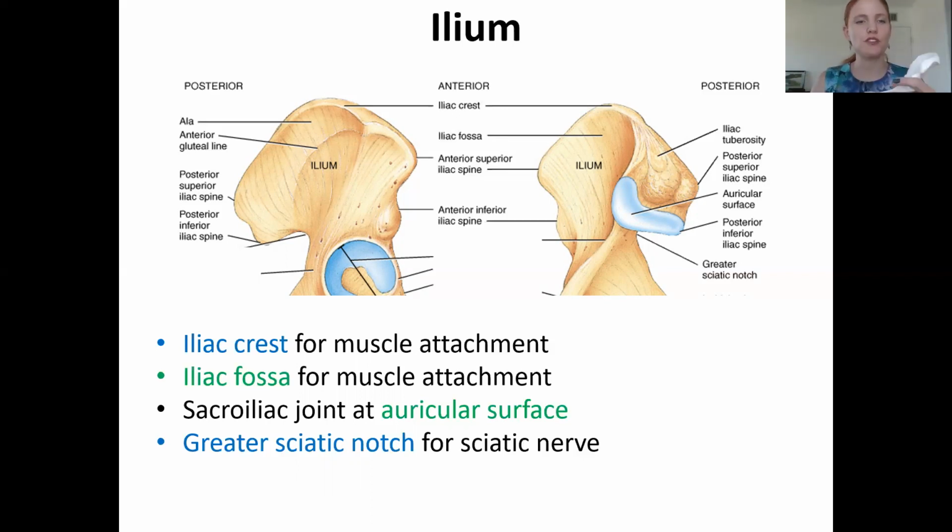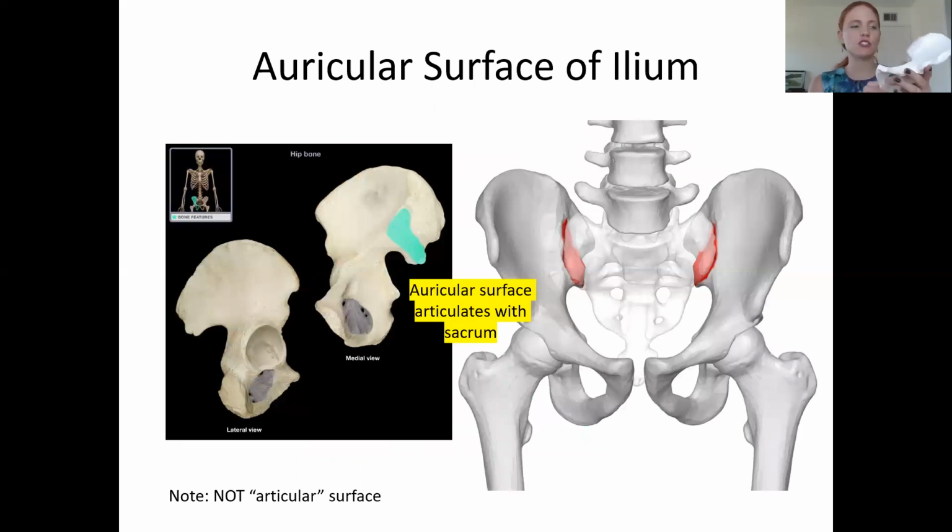That's that depression there. And then the auricular surface is going to be on the medial side because that is the surface that articulates with the sacrum. See this L-shaped rough patch right here? That would be the auricular surface of the ilium.